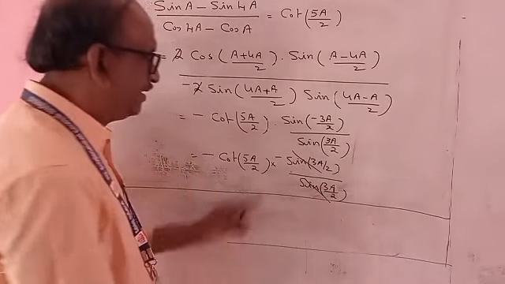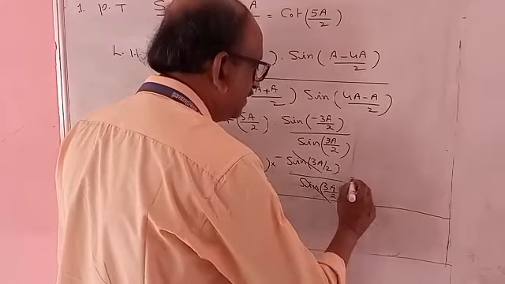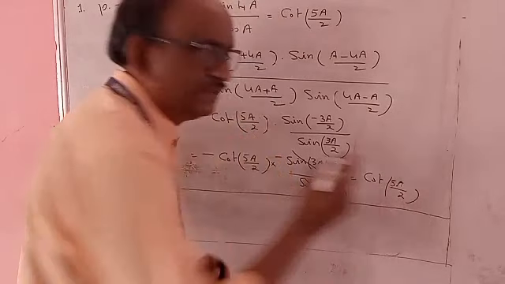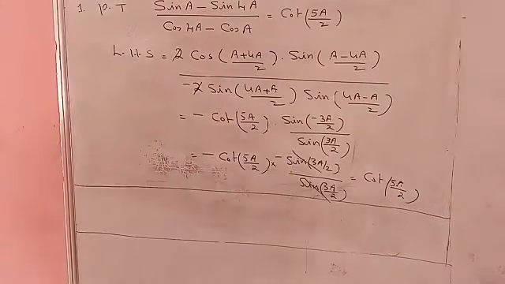This got cancelled, minus minus plus is equal to cot 5a by 2. This is the right hand side.